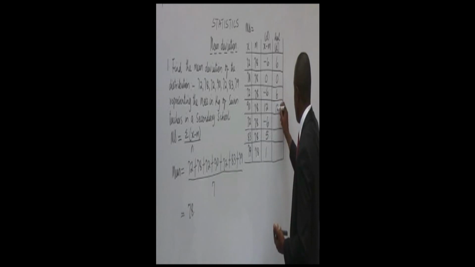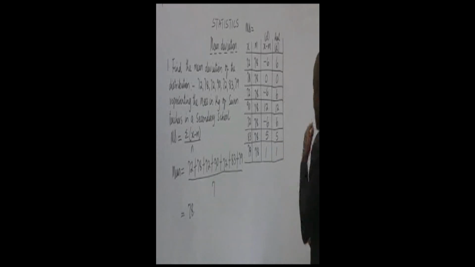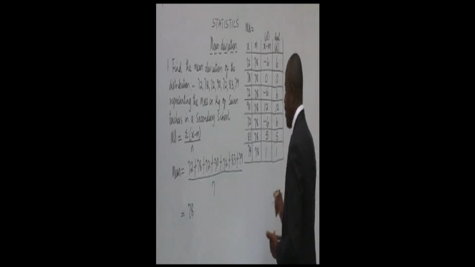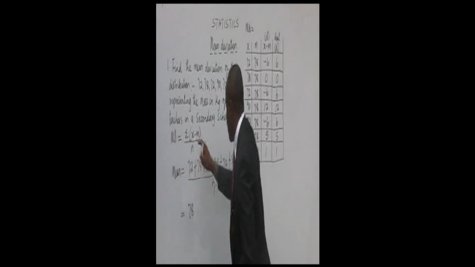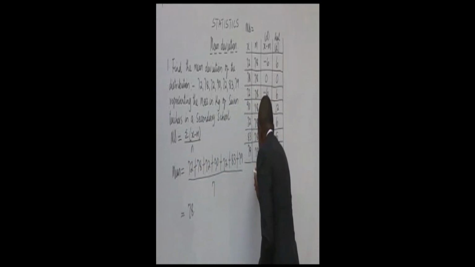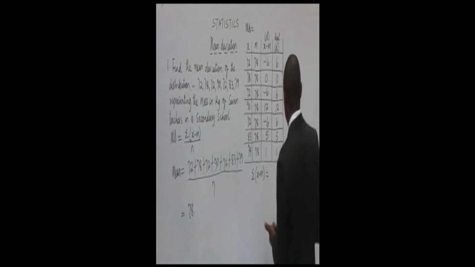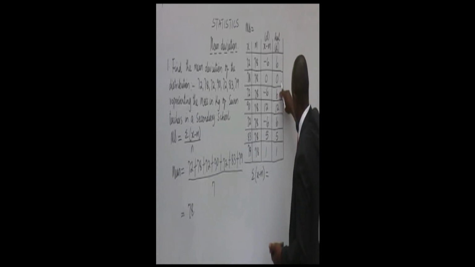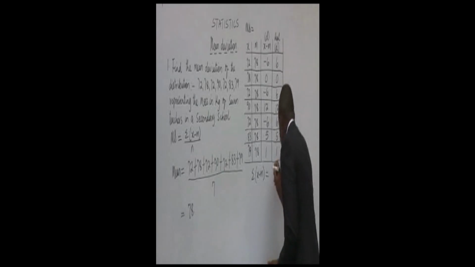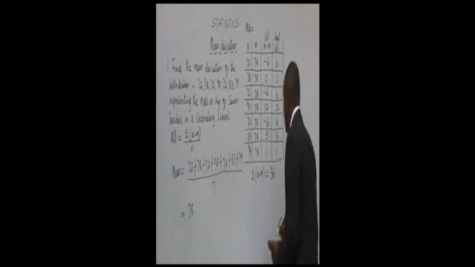Ignore the negative nature of the negative deviations. Now, we are going to sum up this to give us sum of deviation. So that means our sum of x minus m is going to be 6 plus 6 is 12, plus 12, 24, 30, 36. So we have 36.